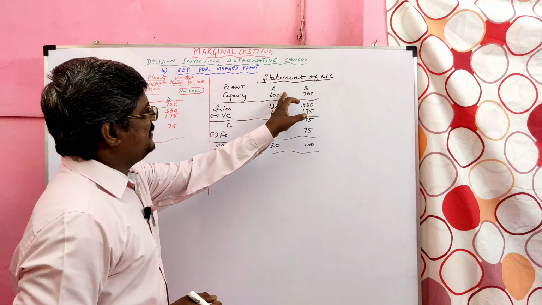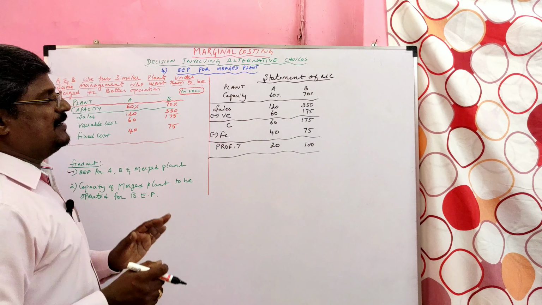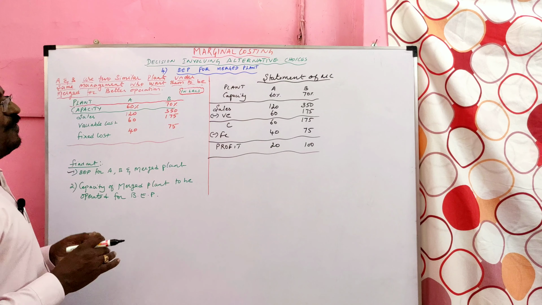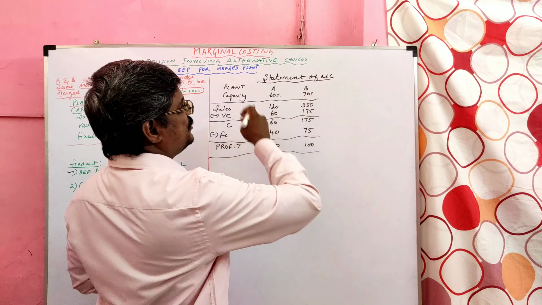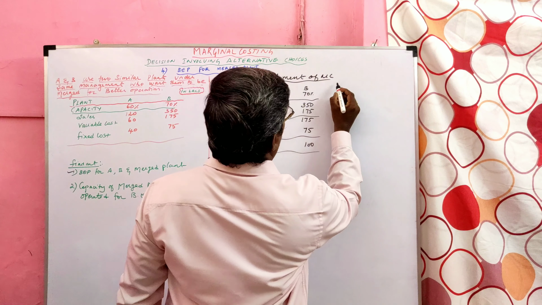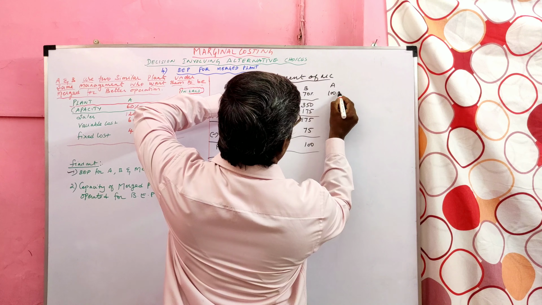Plant A capacity 60%, plant B working capacity 70%. First, we should convert these plant capacities into 100%. Now I am going to convert plant A into 100%.